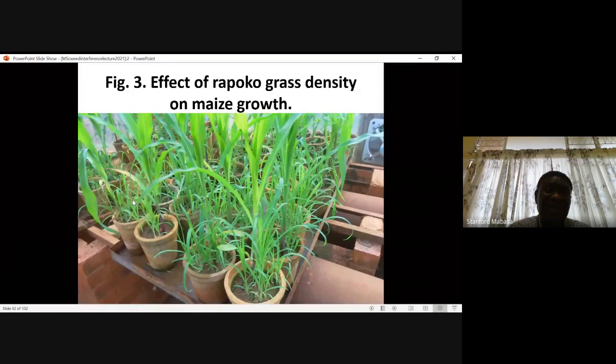For example, here, this is an example of an additive experiment where we have maize and this weed, Eleusine indica, which is competing with maize. I'll talk about the sort of treatments which are used in this kind of study.